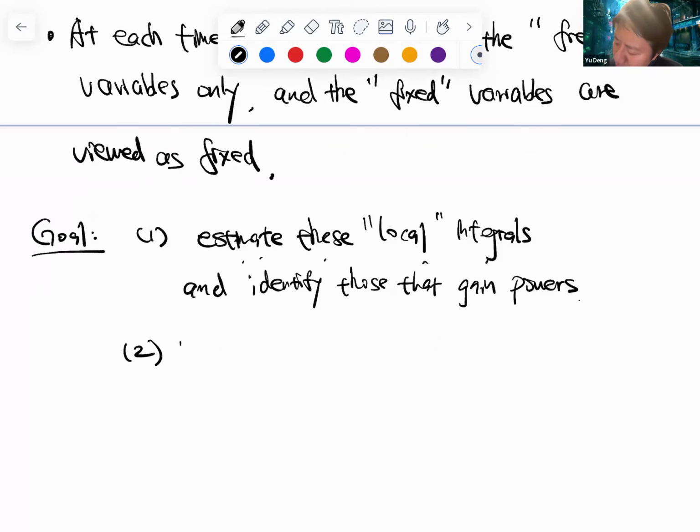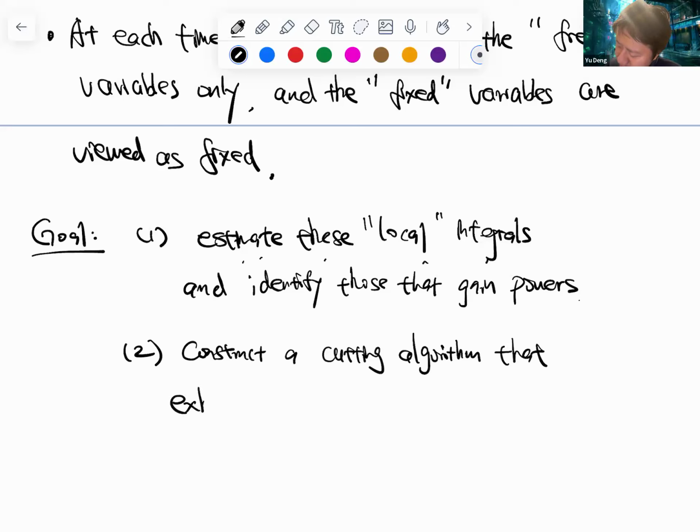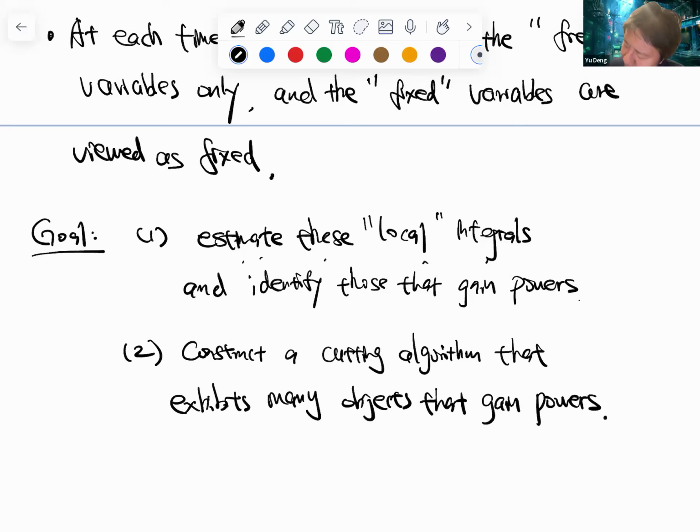And second, we need to construct a cutting algorithm that exhibits many objects that gain these powers.